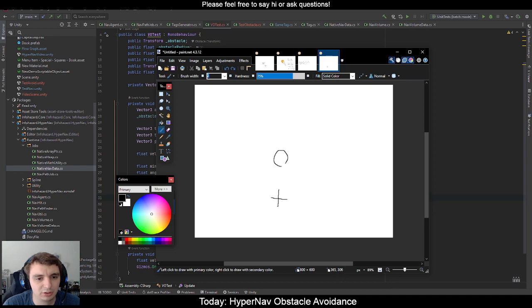So here's the target. The target is moving this way, and my destination is here. So if I go straight towards the target, I am going to hit the obstacle, and then my desired velocity is this in the global reference frame.